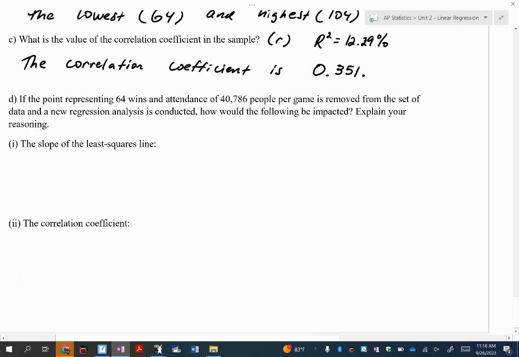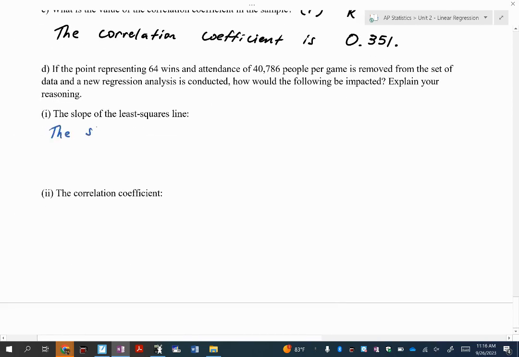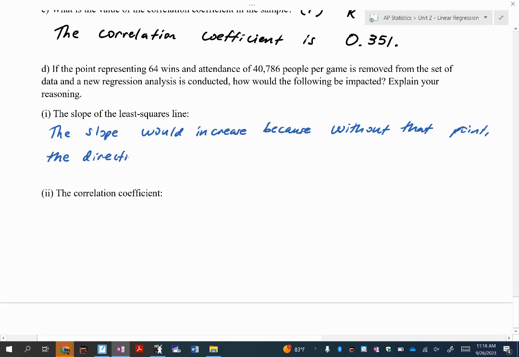So I'm going to put that the slope would increase because without that point, the direction is slightly more positive. So my linear regression line, when I sketch it, would be a little bit steeper, so the slope would have to go up.